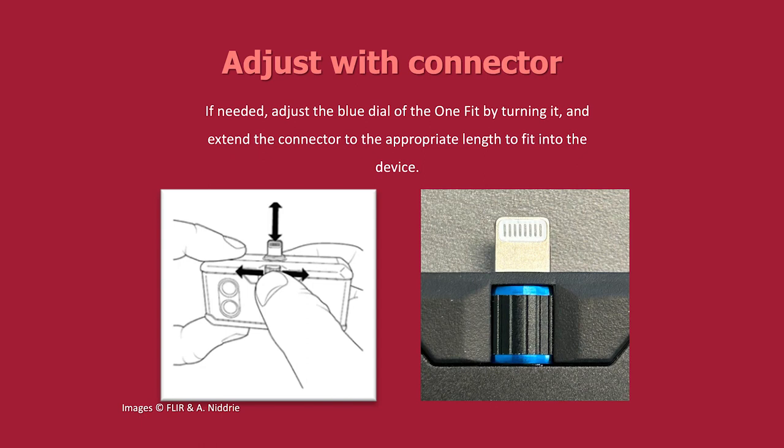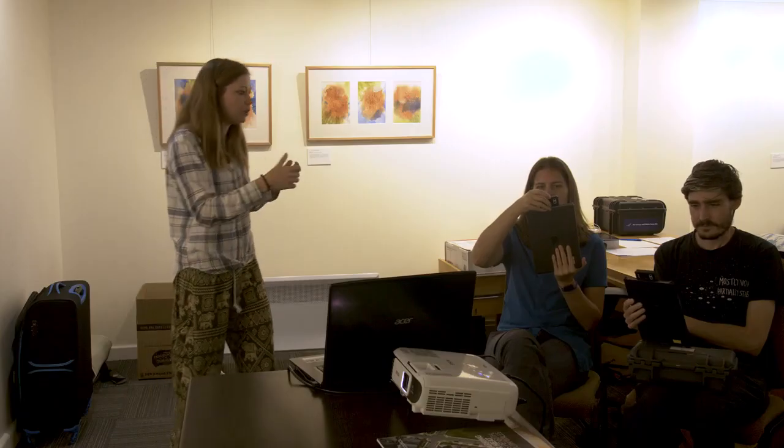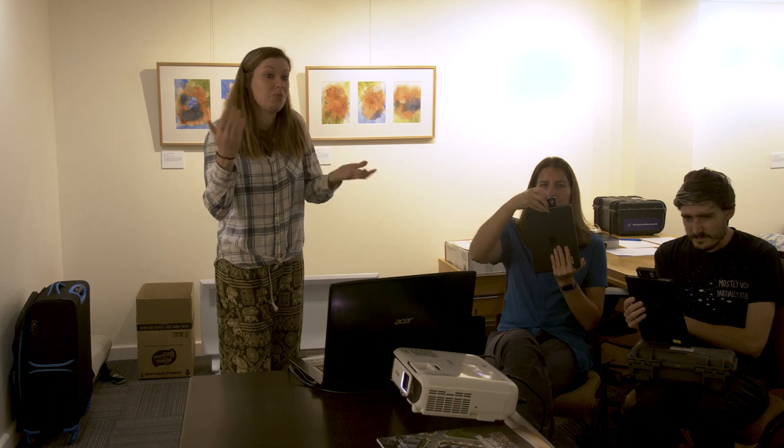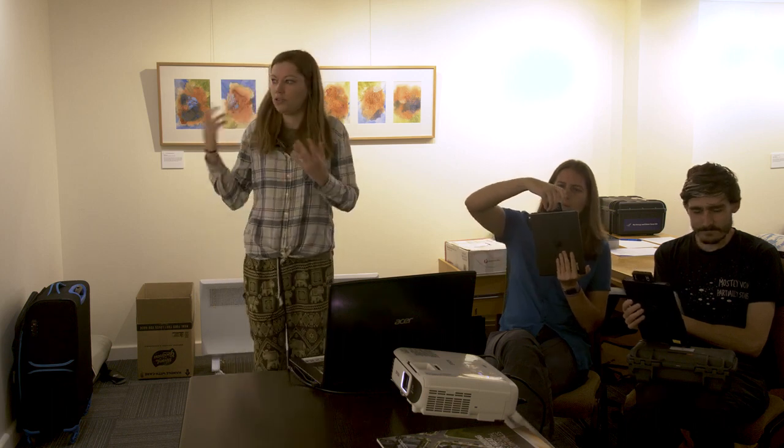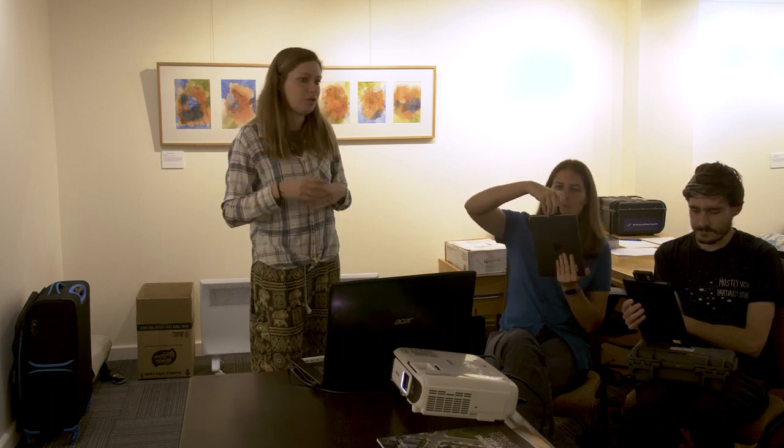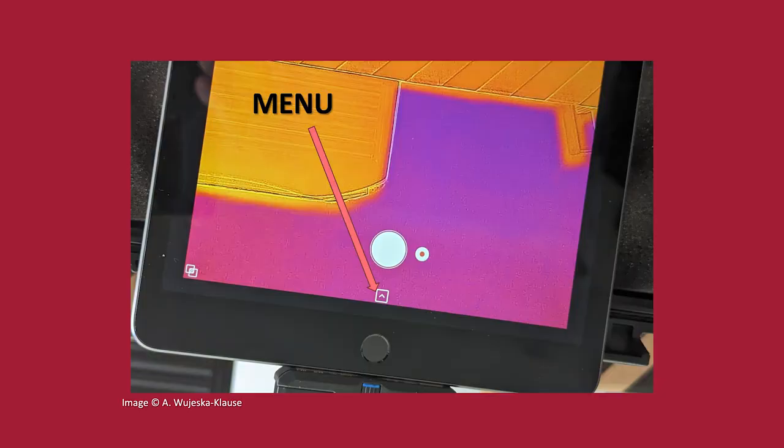For example, if there is a protective case on the iPad and you need more space, you will need to extend it. It's also a good idea to avoid that gap between the devices. Again, this is more of a safety matter. If you are walking and knock the device, it may break that connector. So just a tip for the future, that you can adjust that connector.